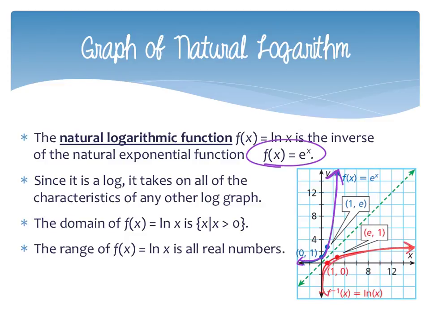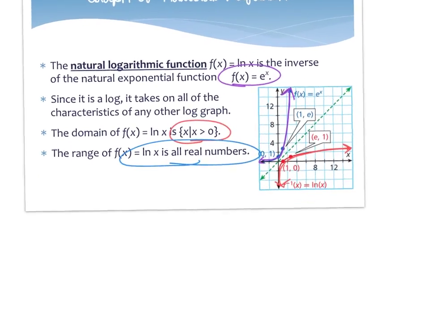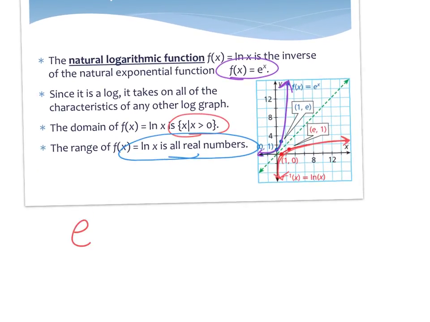So it's going to appear to be like that red line. It would be very similar to log base 3. So the domain is greater than 0, can't be 0, greater than 0. And the range is all real numbers. On the exponential function, it was the reverse. On e to the x, the domain was all real numbers.